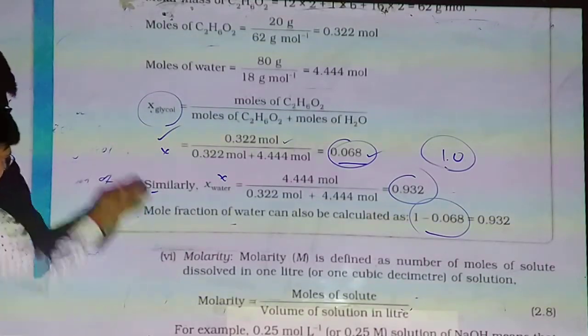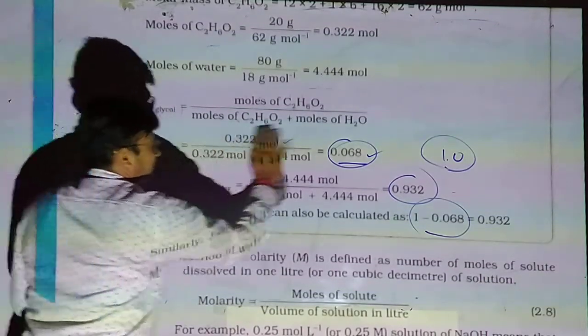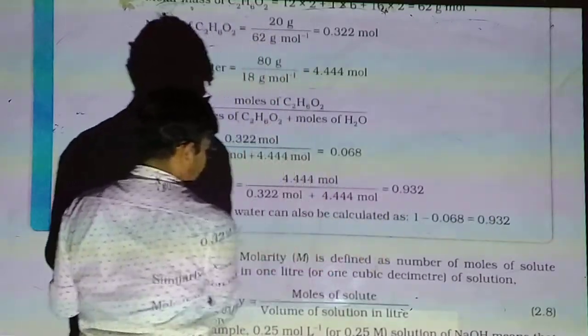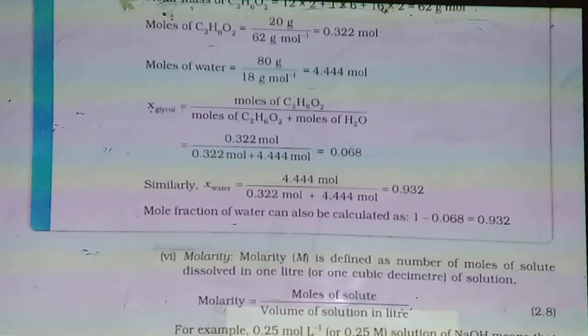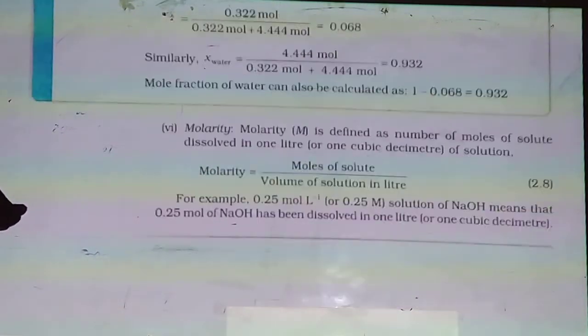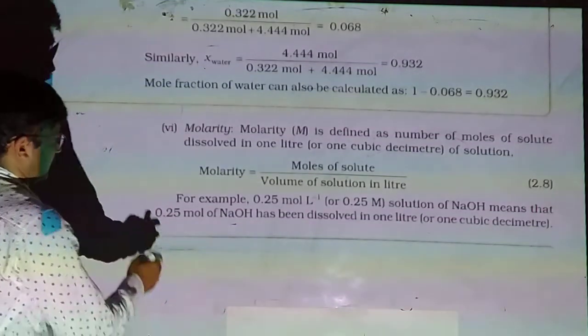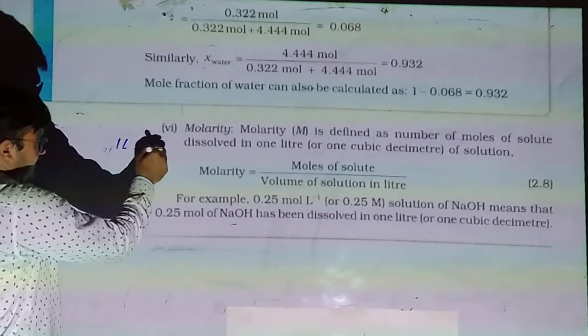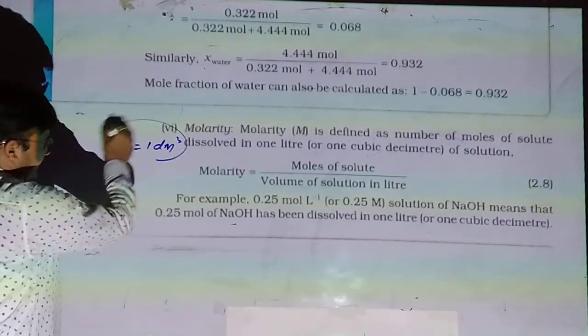Now another method of expressing concentration is molarity. Everybody knows about molarity. Molarity is defined as number of moles of solute dissolved in 1 liter or 1 cubic decimeter. 1 liter is equal to 1 decimeter cube.